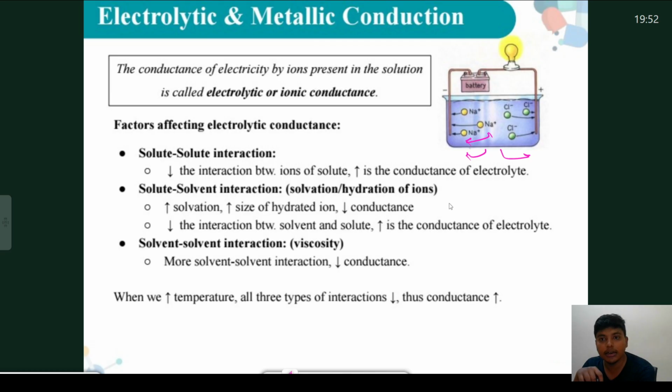Because of this movement, the electricity will pass, and that conductance is known as electrolytic conductance. So you can write this: the conductance of electricity by ions present in the solution is called electrolytic or ionic conductance. Note down.